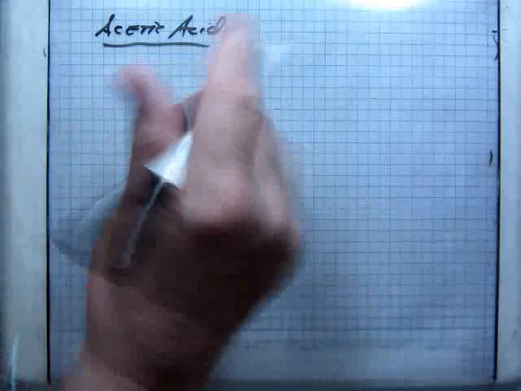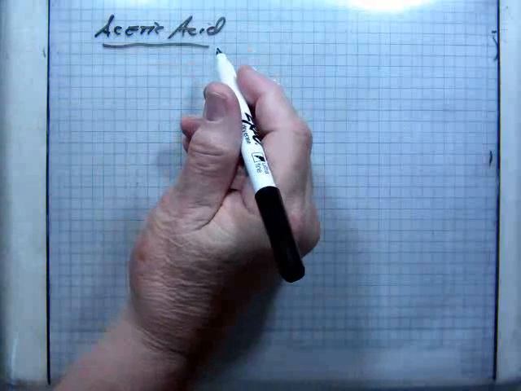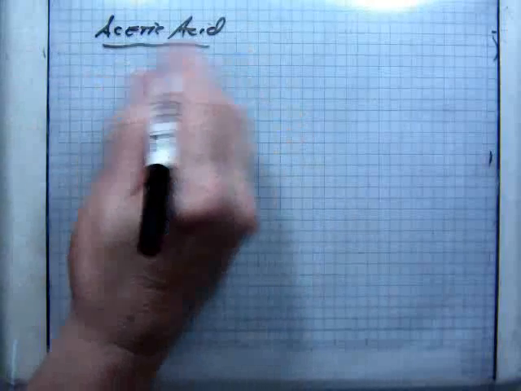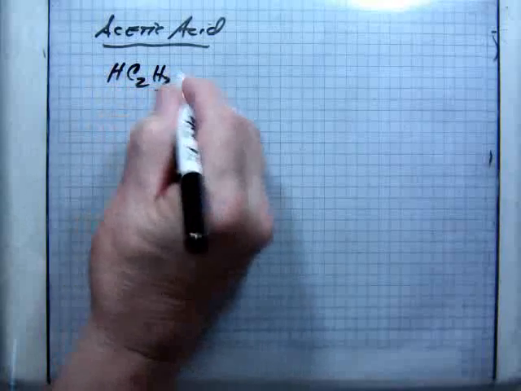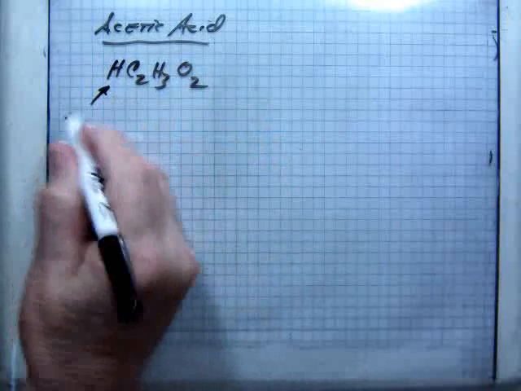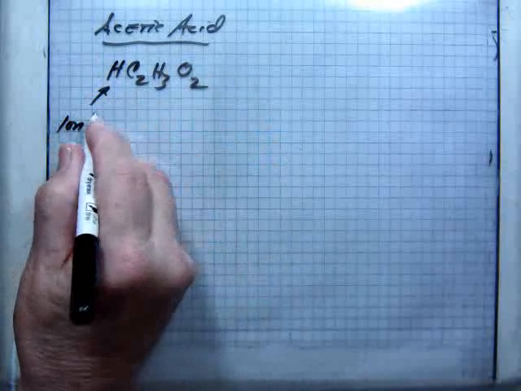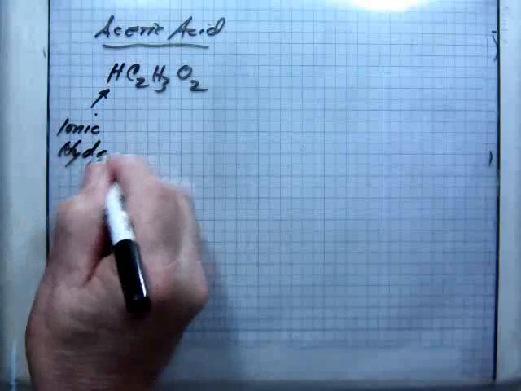Acetic acid is based on the acetate ion. Remember, there's an ATE ending, change it to ic acid. So acetic acid would be HC2H3O2. And again, this is the acidic hydrogen, ionizable, or ionic hydrogen, right there.